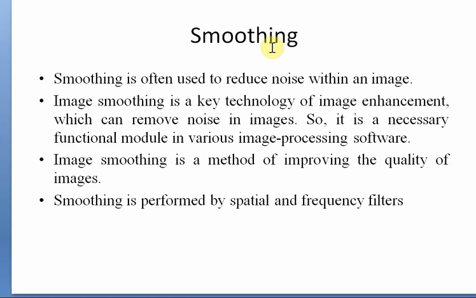Particularly if the image has certain noise, and in the noise we also have different types, you should want to remove that particular noise. If you consider salt and pepper noise, some dots are there, so a sudden transition is there.